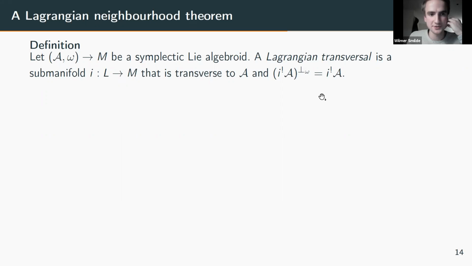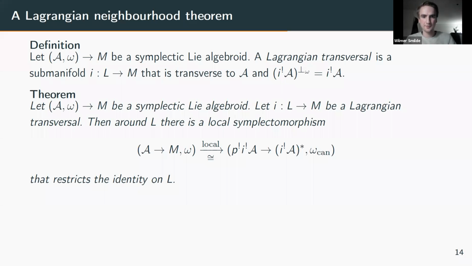Any Lagrangian transversal induces a Lagrangian on the base, Lagrangian for the induced Poisson structure. Now we can formulate the following theorem. If you start with a symplectic Lie algebroid and a Lagrangian transversal, then around this Lagrangian transversal we can linearize the Poisson structure.